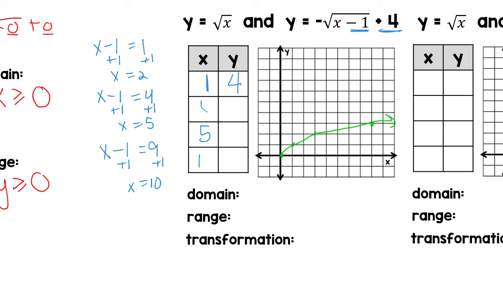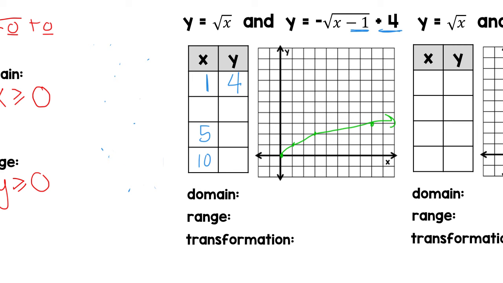I'm going to have to erase for 2 reasons. One, because I have no idea what that shape is. And 2, because now we need to find what y is. Make that a 2. So I plug in 2. We have negative square root of 2 minus 1 plus 4.